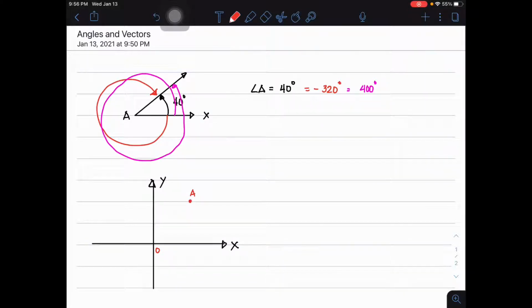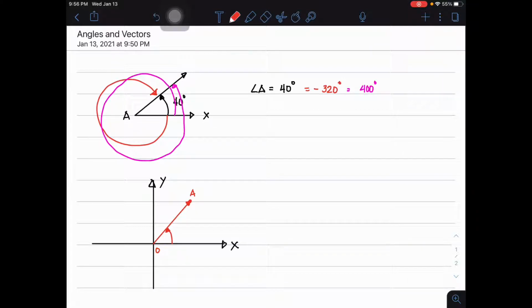If you're going to draw a line from point A to the origin, we actually have created an angle. So this vector from the origin to the point A has a direction, and that direction is measured by an angle.